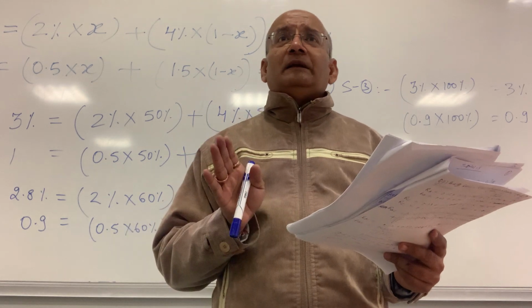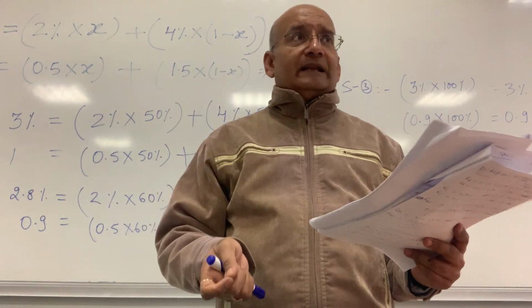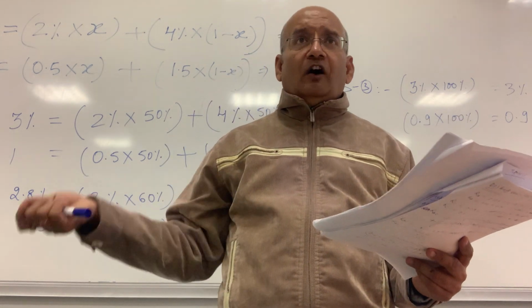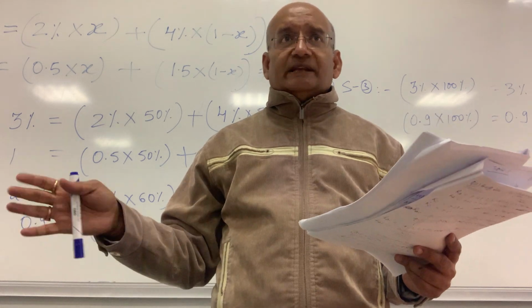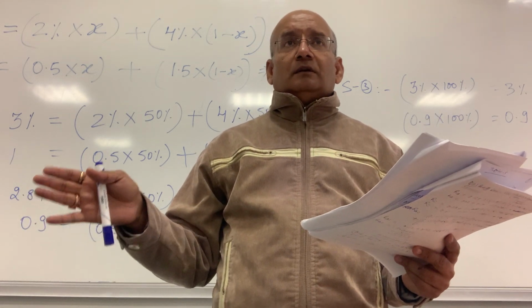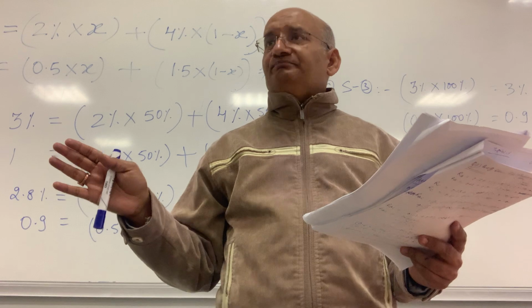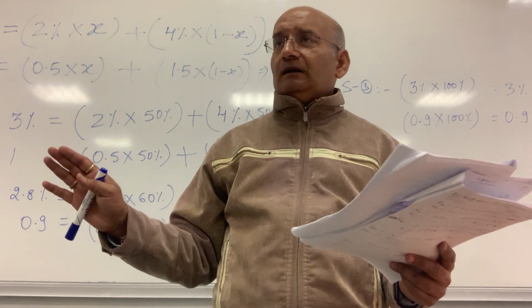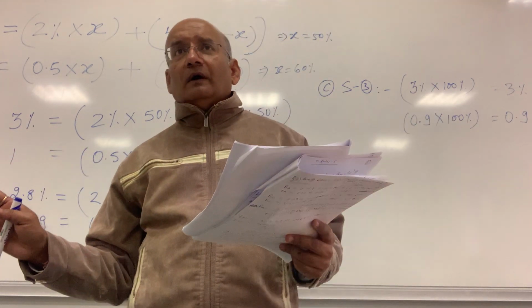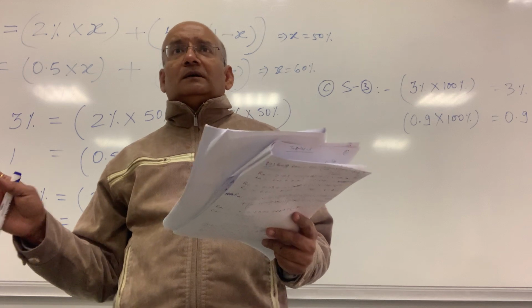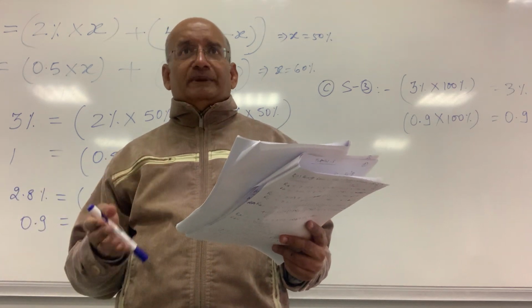And what they are doing? Short selling B and long position in C. Short position of B means we will no longer have a position in B.